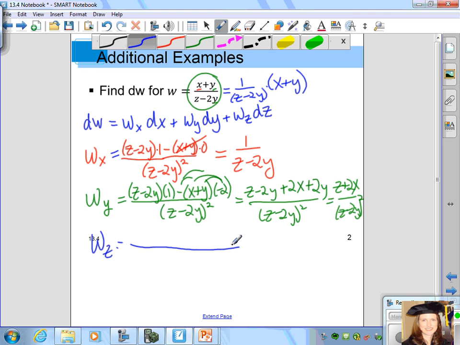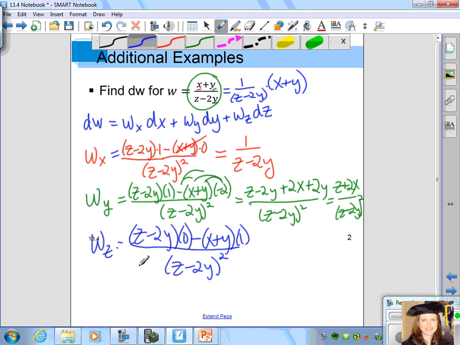A little bit more room here to do the last part, the partial derivative of w with respect to z. We use the quotient rule, you're going to treat z as a variable and everything else as a constant. The denominator times the derivative of the numerator. You're treating x and y as constants, so that derivative is 0, minus the numerator, x plus y, times the derivative of the denominator with respect to z, which is 1, over the denominator squared.